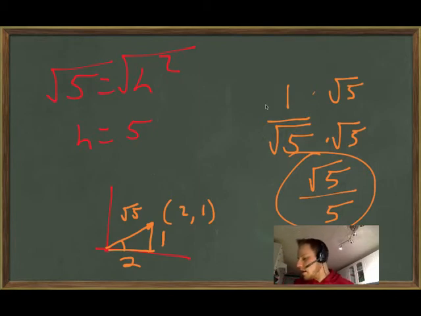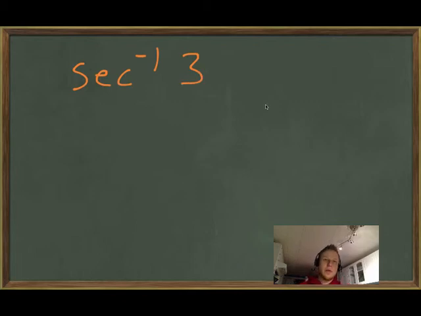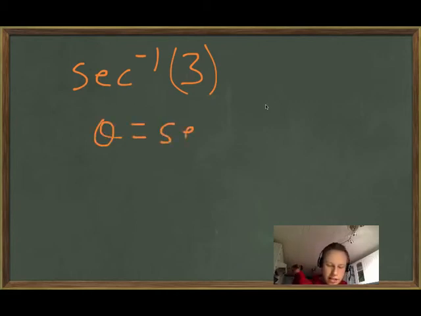Now, if we are dealing with a calculator, I don't have a calculator in front of me, but let's say we wanted to evaluate the inverse secant of 3 in our calculator. To do this, let theta equal secant inverse of 3.